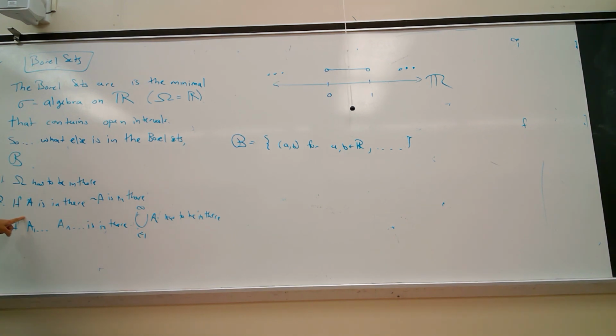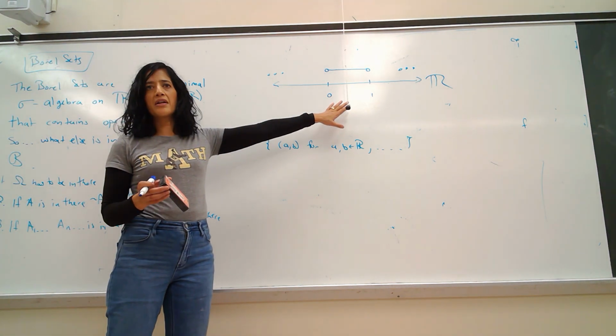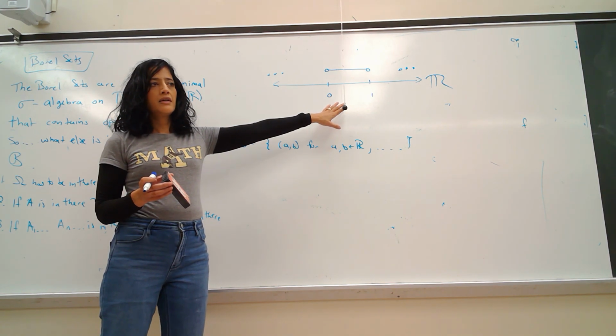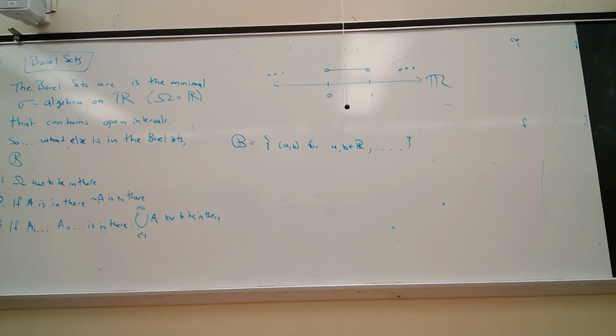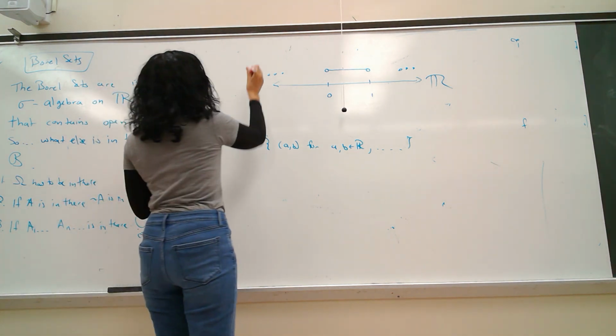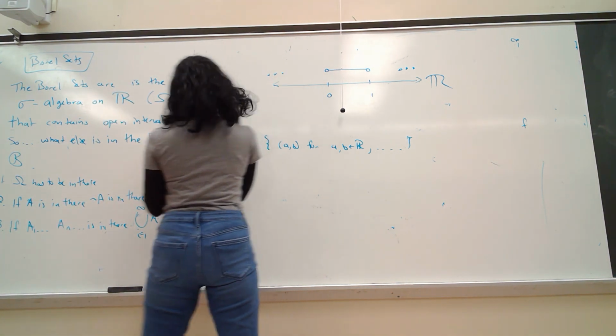So if I go to this property, what does the complement look like of 0, 1? All the reals without 0, 1. But that whole interval, we're on R now, we're not on N. Take a different color. So I shade through everything that's not covered by that blue line. So it would be this.